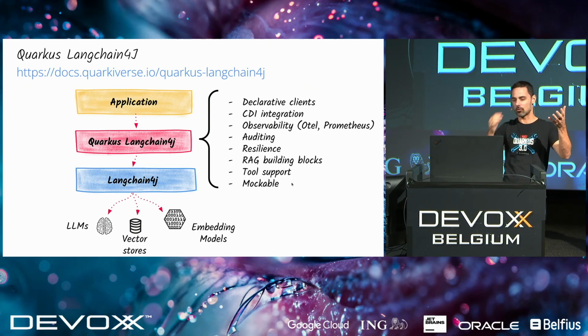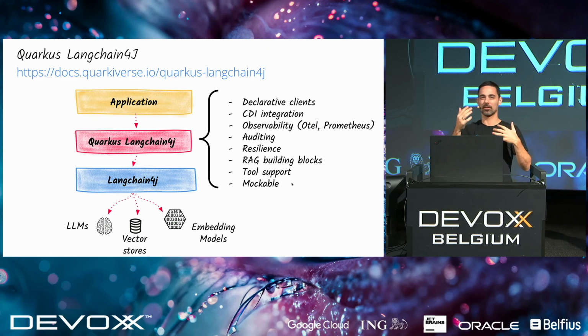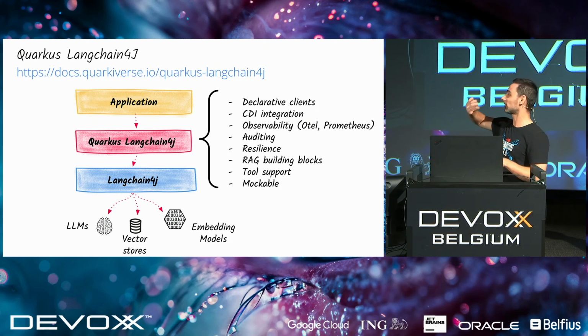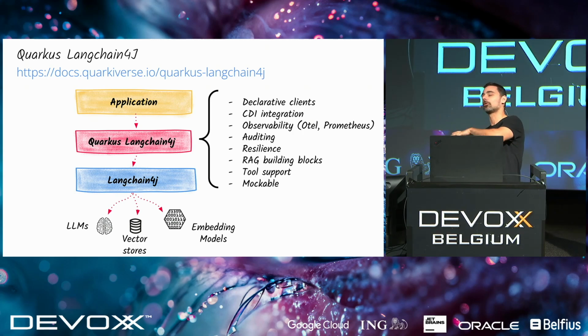Now, the natural question is, what does Quarkus bring that the LangChain4j library doesn't? Because we're a framework and can do a whole bunch of things that a standalone library can't, we provide a heck of a lot of stuff out of the box to make your life easier. Declarative clients, just like I said, the AI service. CDI integrations, which means the entire Quarkus programming model that you know, based on CDI and MicroProfile, all just works.